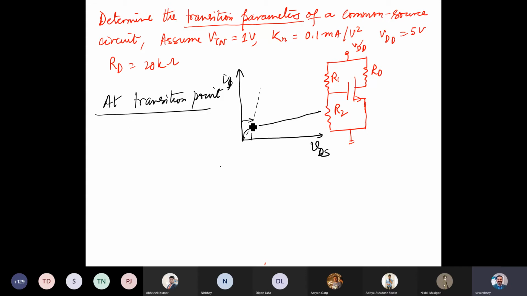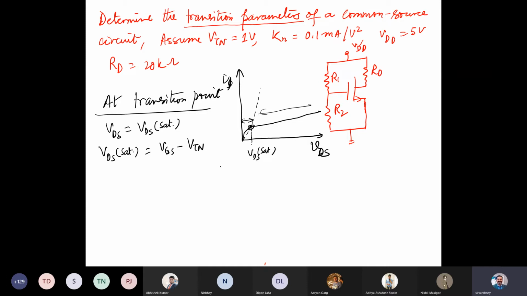So here it is non-saturation, and here it is saturation. At the transition point, VDS is VDS saturation, and the VDS saturation for NMOS is simply given as VGS minus VTN.